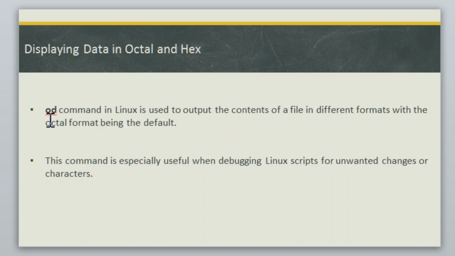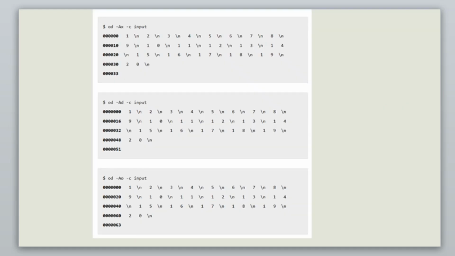We also have the od command, and the od command in Linux is used to output the contents of a file in different formats, with the octal format being the default. This command is especially useful when debugging Linux scripts for unwanted changes or characters. And on our next slide here, we have some examples of that with example outputs. So they have a file called input, and we're using the -ax, -ad, and -ao options.